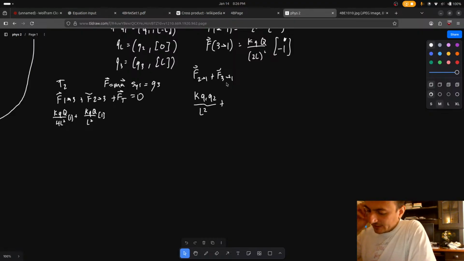Then we add k. So now the force of 3 on 1 is going to be k q1 q3 over 2L squared. Okay, now we're on to something.